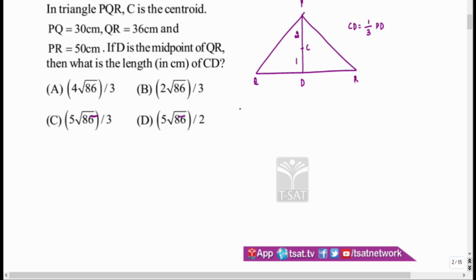Length of median PD is equal to half of under root of 2 into PQ square plus 2 into PR square minus QR square, or else you can use Apollonius theorem to get this.